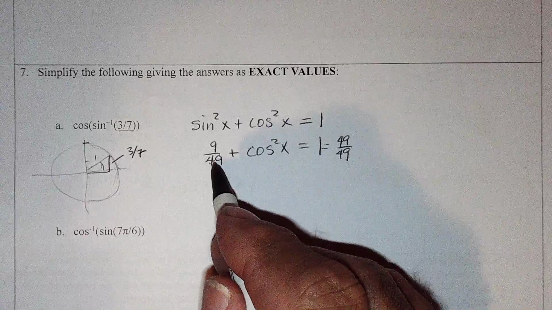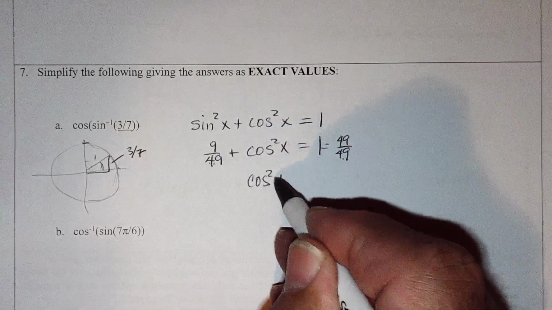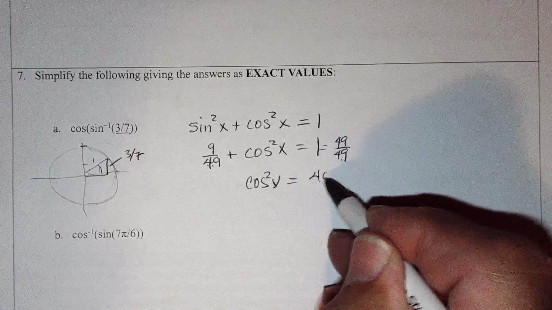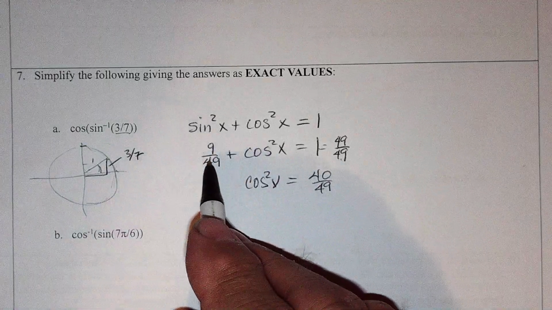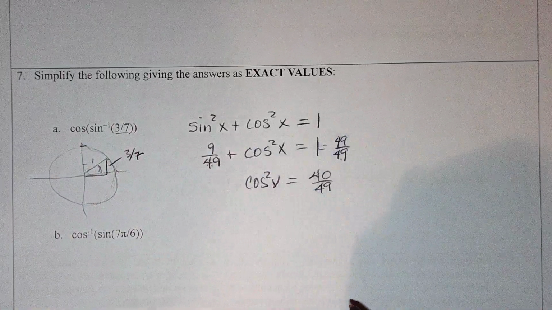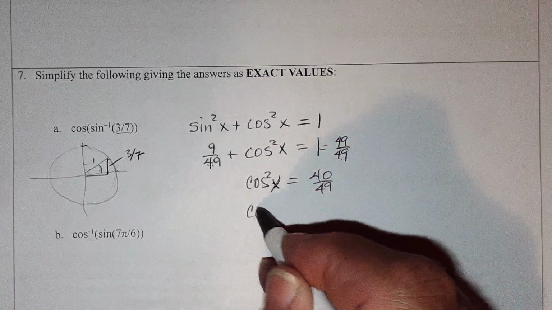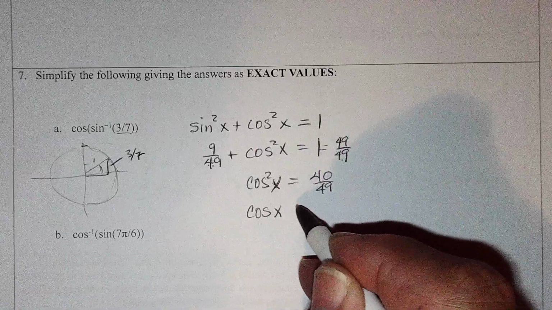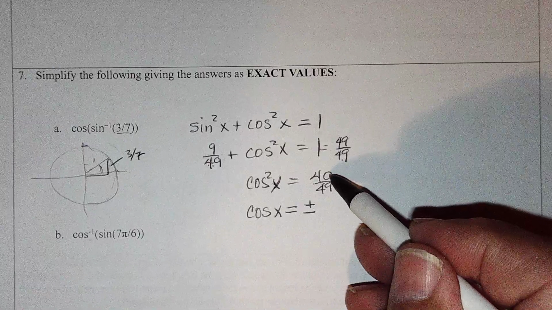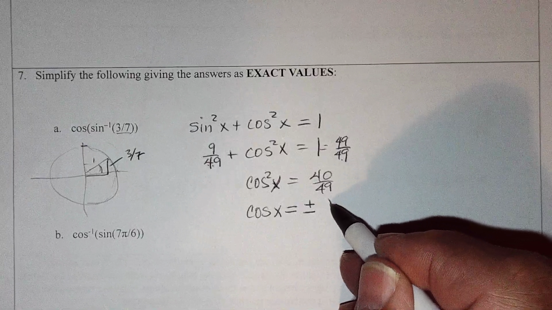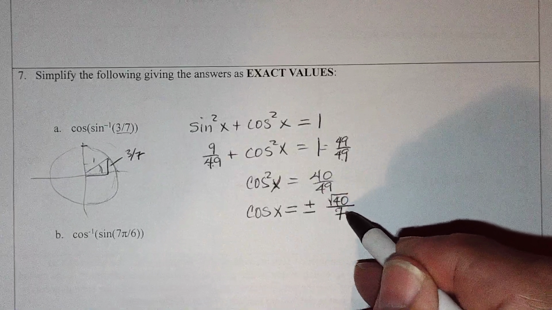49/49. So if I take 9/49 from that, we get cosine squared x is 40 over 49, subtracting 9/49ths from both sides. And then I take the square root and I get the cosine of x is either plus or minus square root of 40 over the square root of 49, which is 7.